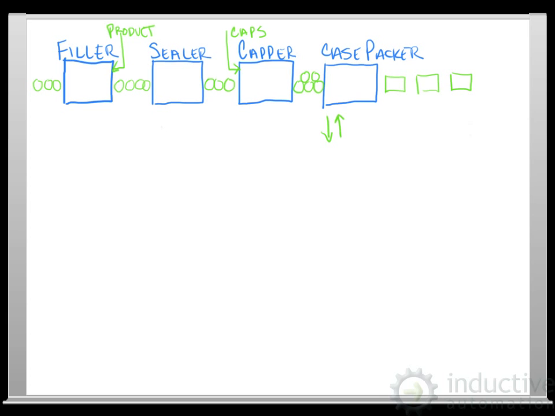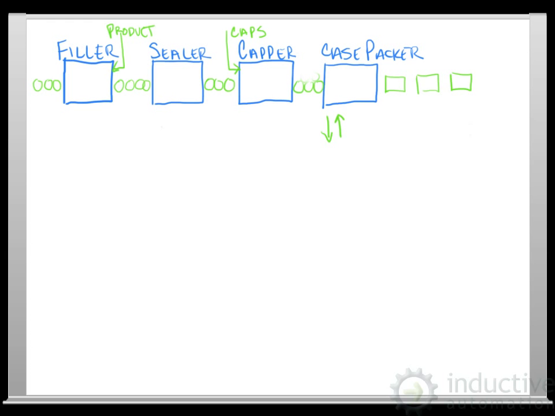Then it comes back up, and case packers typically run a little bit faster depending on how many units you have in a case. So then it clears out that extra accumulation that was built up. So you no longer have those.